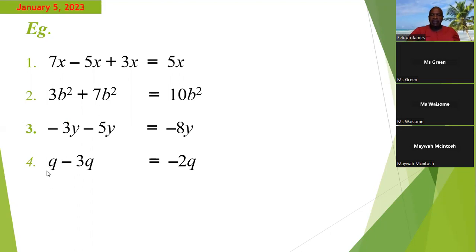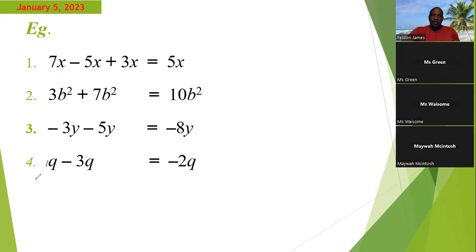Now, remember we say that when there's no obvious number in front of the letter, or in other words, no obvious number in front of the variable, then the coefficient would be what? 1. So even if it is not there, you should remember that there's an invisible 1 there.